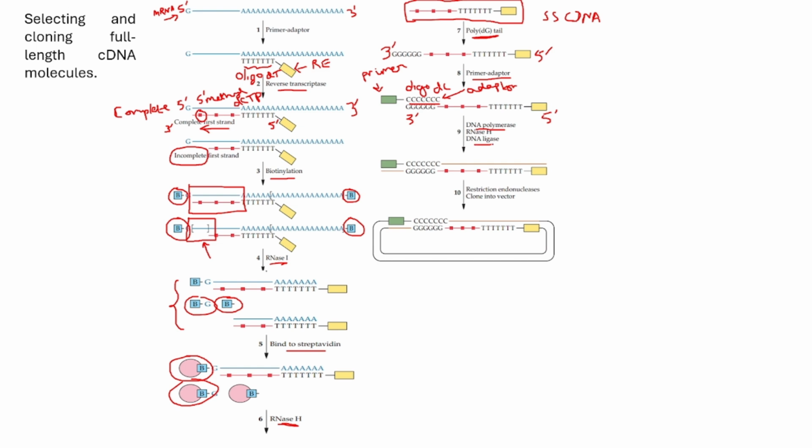So what will happen? DNA polymerase will extend this strand in this direction. So your second strand got synthesized in this way, in this direction. So if you remember, this was your 5' end for the second strand, this was your 3' end, and this strand that you got synthesized here, this is your 5' end, this is your 3' end.